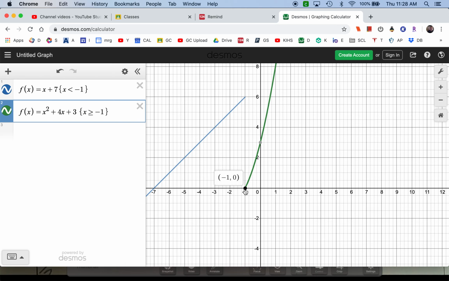If you did it from the left, up here, the answer would have been, well, it's undefined, but you can see it's approaching what y coordinate? It's approaching 6. So if there was a minus sign, the answer would have been 6. A plus sign means from the right side, the green, what's the value there? And so the answer is the y coordinate for the limit. So the answer is 0.